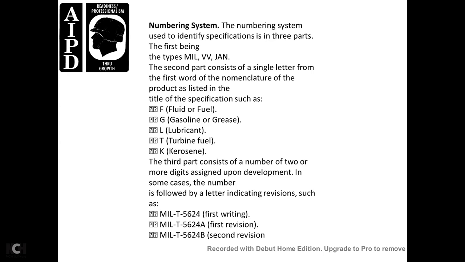The third part consists of a number of two or more digits assigned until the development. In some cases, the number is followed by a letter identification, such as MIL-T-5624 first writing, MIL-T-5624A first revision, and MIL-T-5624B second revision.